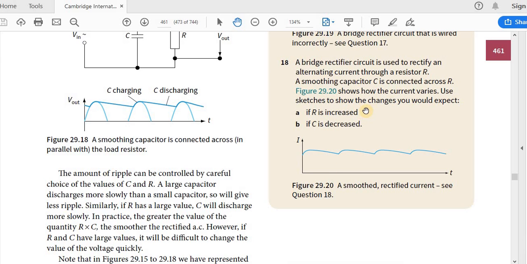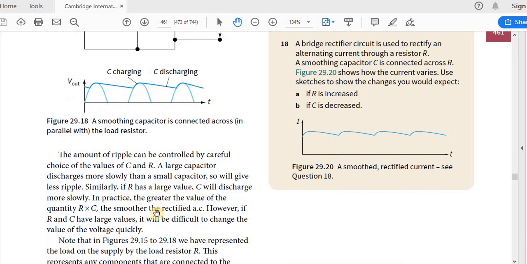Use sketches to show the changes you would expect if R is increased, and if C is increased. Now if R and C are increased, the rectified AC will be smoother. However, if R and C have large values, it will be difficult to change the value of the voltage quickly.